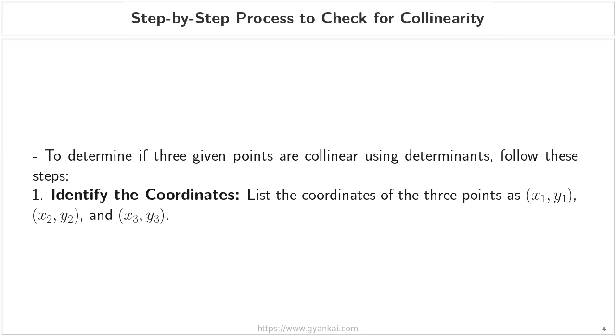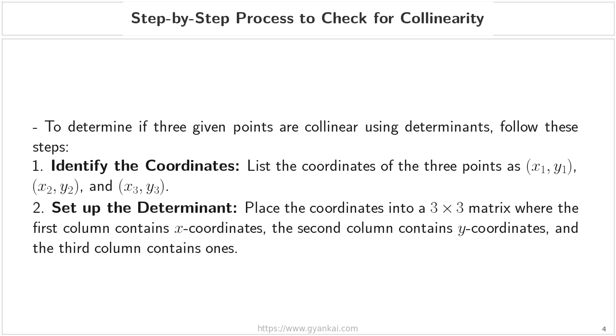When you are given a problem, clearly list out your 3 points and label them as x sub 1, y sub 1, x sub 2, y sub 2, and x sub 3, y sub 3. Keeping them organized right from the start prevents confusion later on. Second, you need to set up the determinant. You'll take those coordinates you just listed and arrange them into a 3x3 matrix. The first column will be your x-coordinates, the second column will be your y-coordinates, and the third column, this is very important, will be a column of ones.